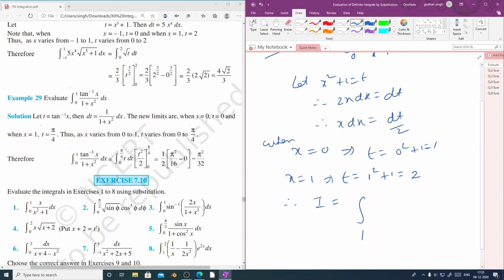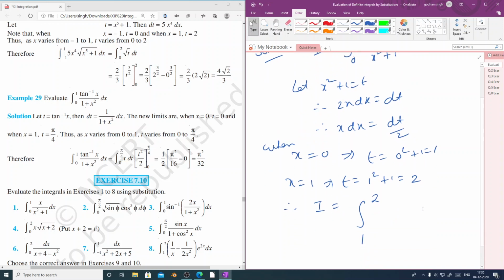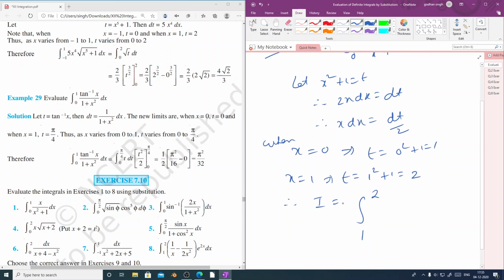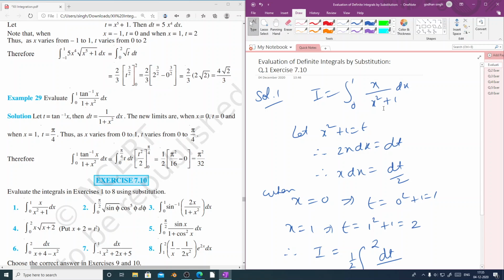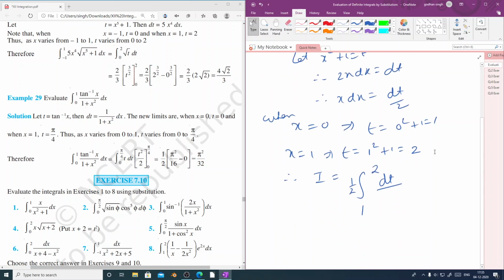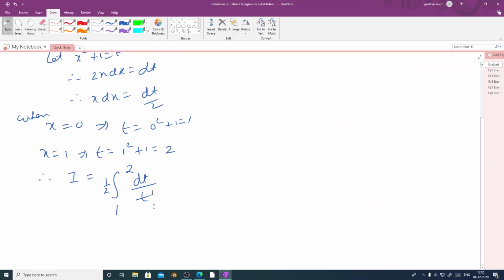When x is 0, the value of t is 1, and when x is 1, the value of t is 2, and remaining we'll do the substitution. x dx is equal to dt by 2, so half we can take out, and dt is there, and over here we are having x square plus 1, and x square plus 1 is t, so we'll write here t, and now we can easily integrate.